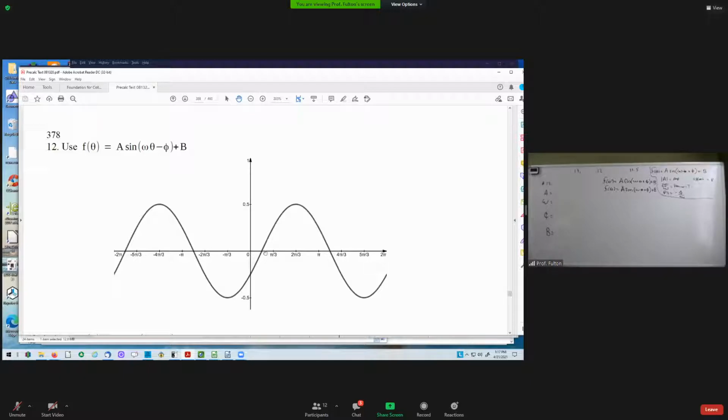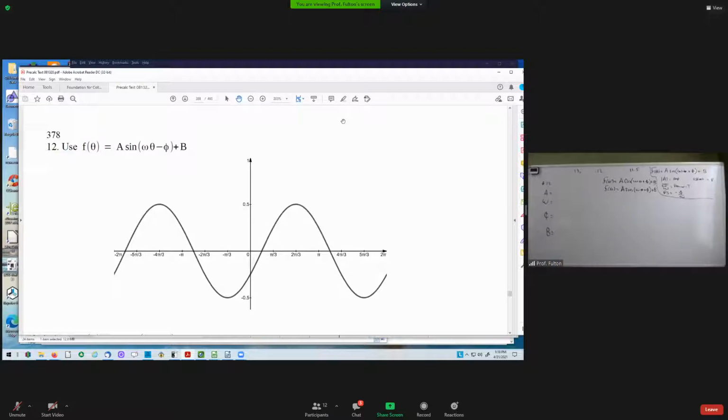It looks like it's halfway between that, because this sine wave should be over here. So we'll estimate it from where this peak occurs over here.